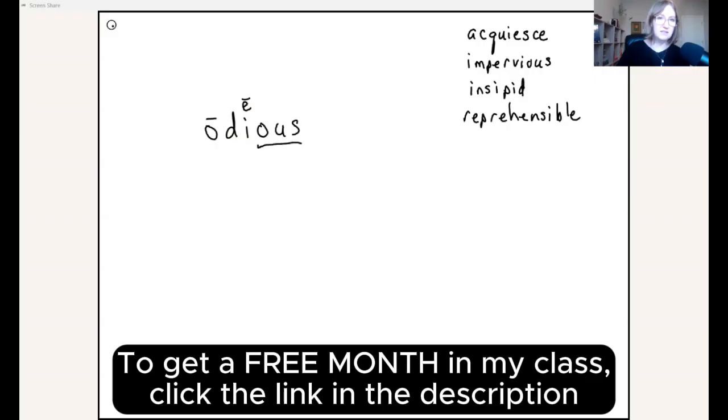OUS is a common suffix that says us, just like this one up here. Impervious. OUS says us. You hear the U, but you don't hear the O. So what would this word say? It would say odious.